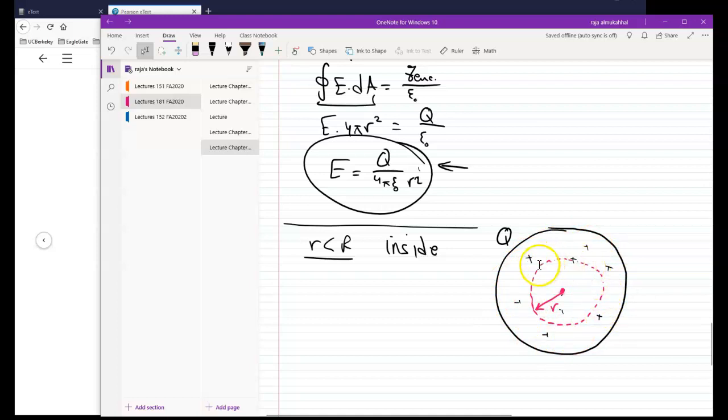But since I'm taking a Gaussian surface inside, the Q here is really a fraction of this big Q. You see what I'm saying? And the larger the Gaussian surface inside, the more of big Q I can get. So I need to find a way to describe how much charge there is inside the Gaussian surface. But I hope you see the problem here, that there is a fraction of the charge Q here, not the whole charge. You see what I'm saying?